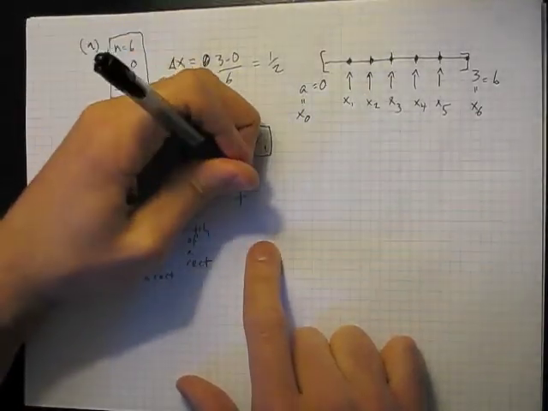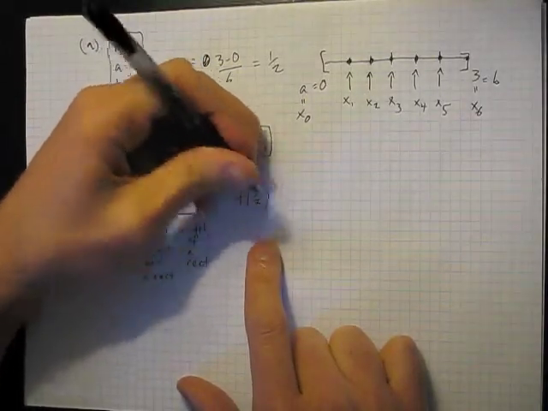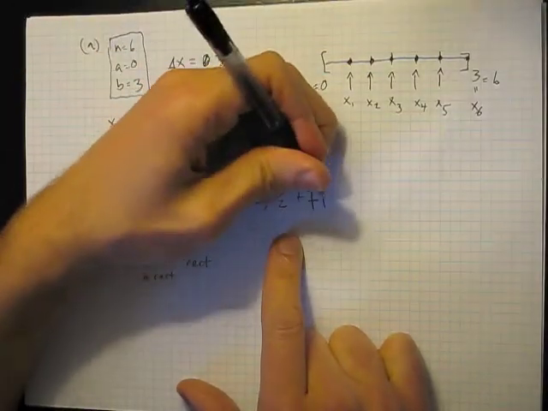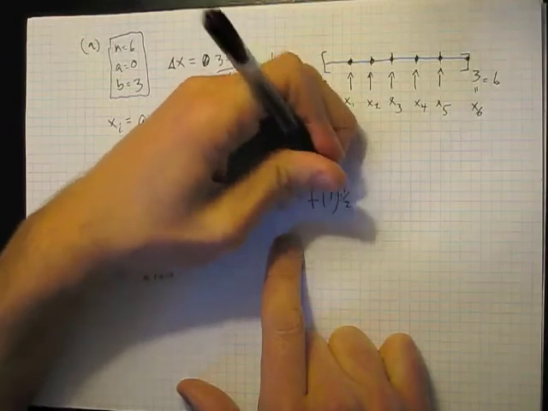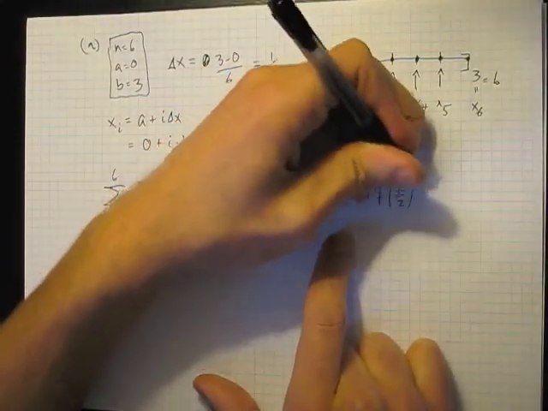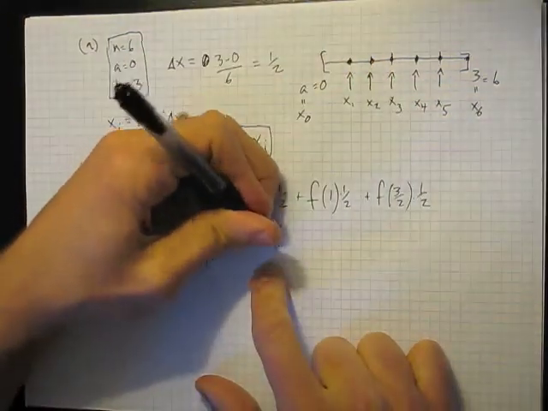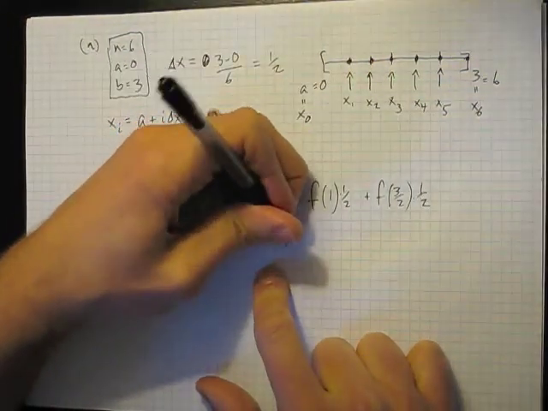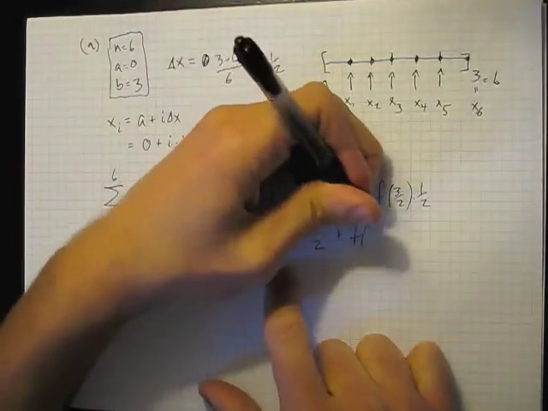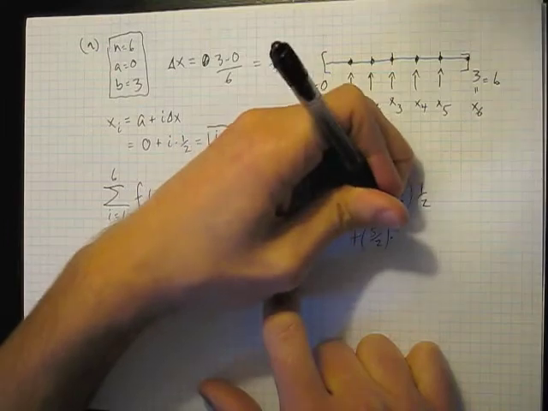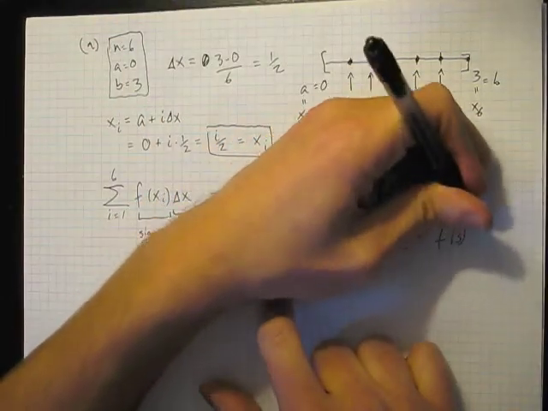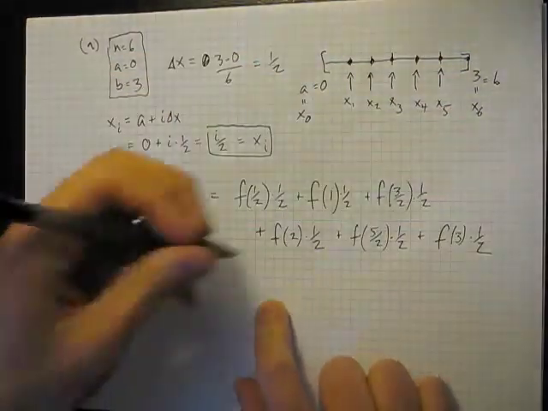So we start off with f of 1/2 times a half, plus f of 1 times a half, plus f of 3/2 times a half, plus f of 2 times a half, plus f of 5/2 times a half, plus f of 3 times a half. So these are the 6 rectangular areas.